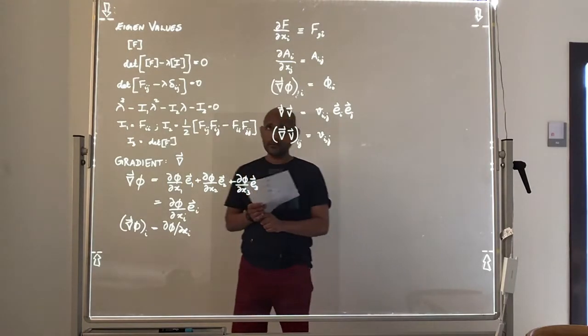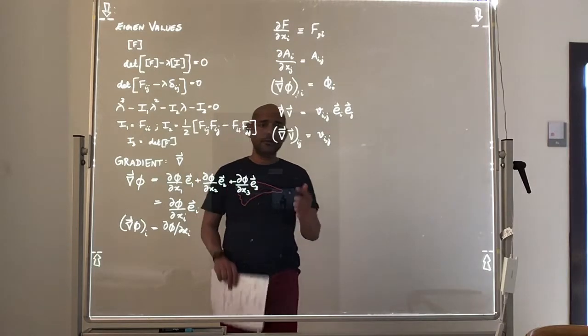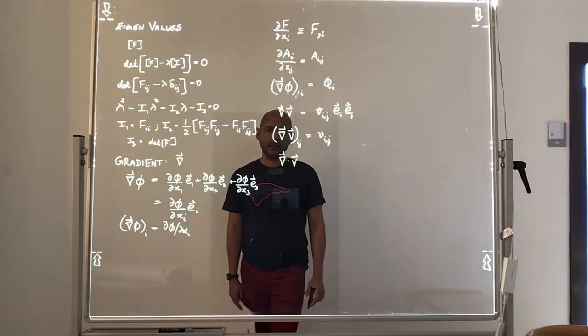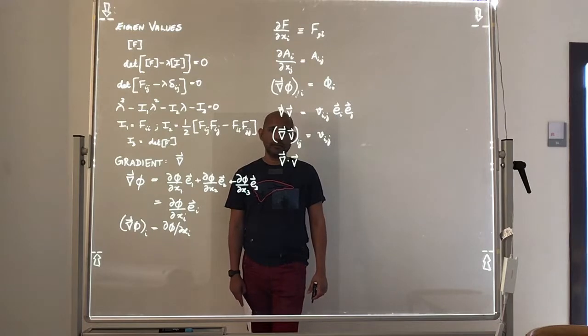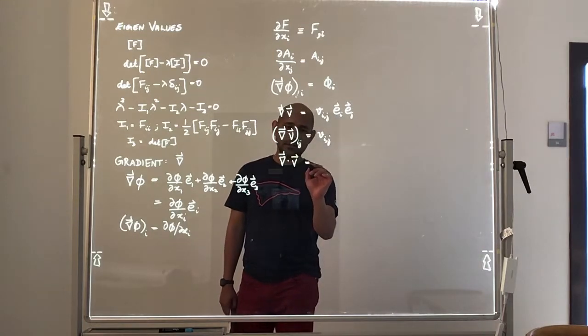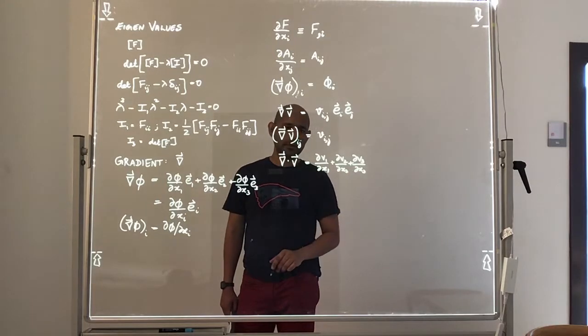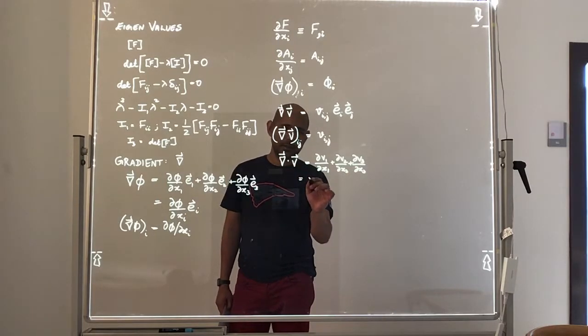Then we have divergence of V. That is straightforward. This is dV1/dx1 plus dV2/dx2 plus dV3/dx3, which is nothing but V_i,i.